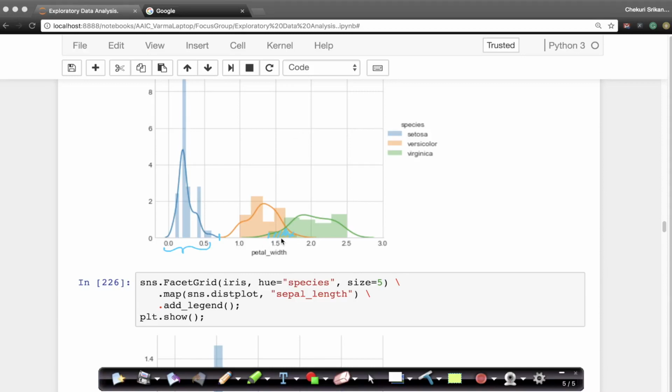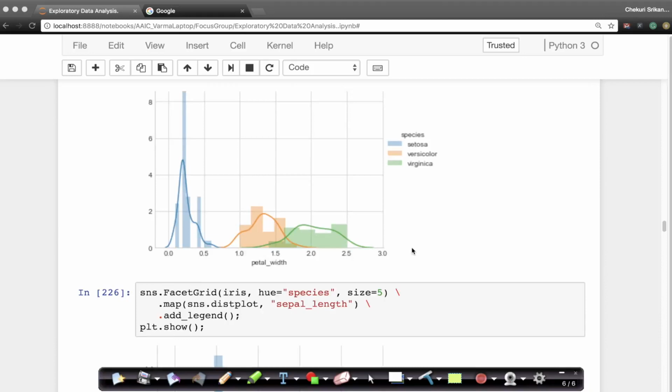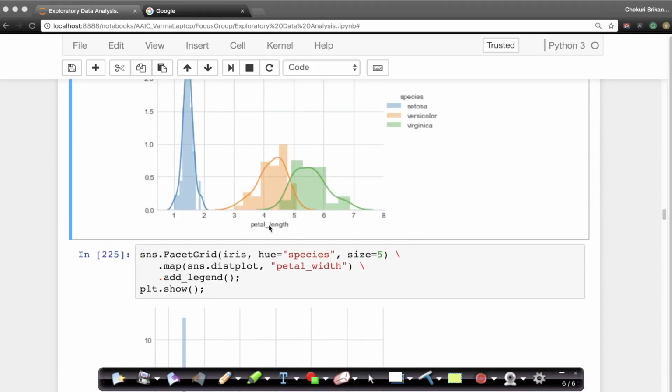Roughly, of course; I'm not counting here. But if I choose between petal length and petal width, in petal length there is a small tail here, and this tail is longer. So if I have to pick between petal length and petal width, I would probably pick petal length, because at least setosa is very well separated from my versicolor and virginica.